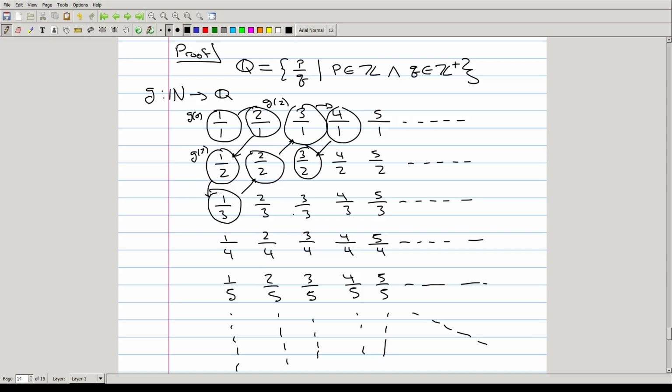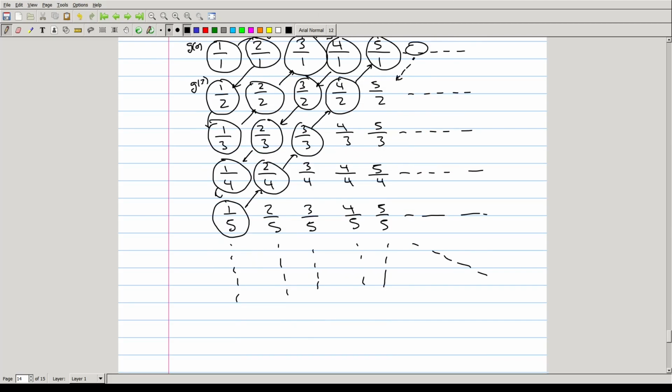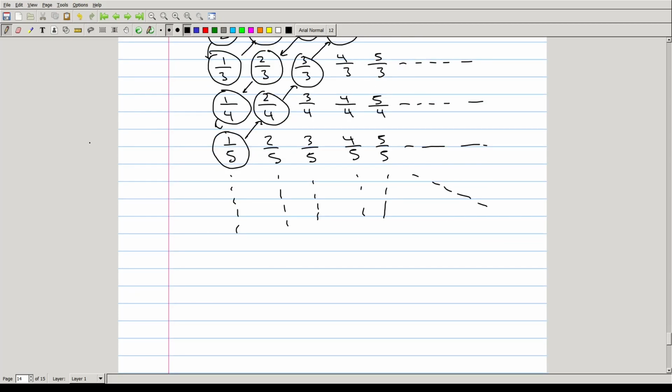And you can see that if we do this procedure ad infinitum, so we continue to do this, we will have successfully enumerated every possible fraction, or every possible rational number, and this concludes, right, that the cardinality of the rational numbers is the same as the natural numbers.